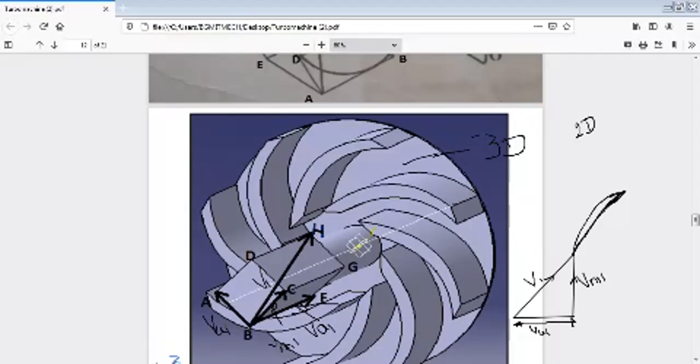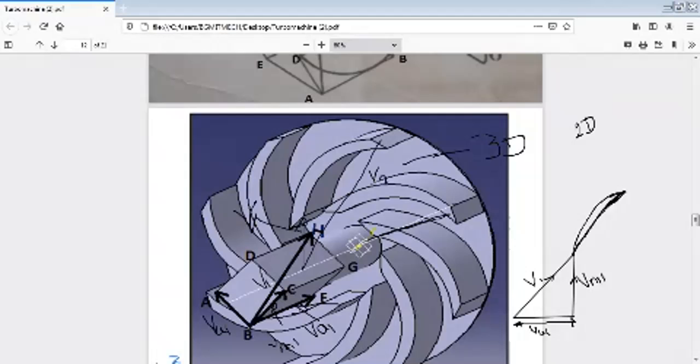And for this problem here, axis is same. Look at this. This is the axis. Axis is not changing. We consider two radii, that is, here up to the inlet blade tip. This is Vm1, and here the radius R1, and here R2.